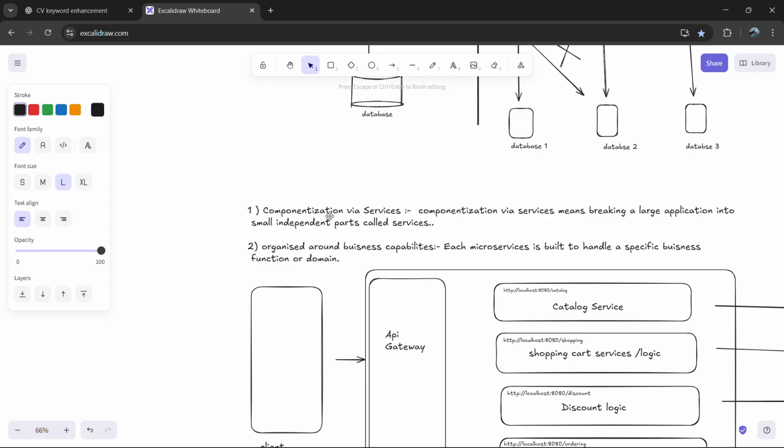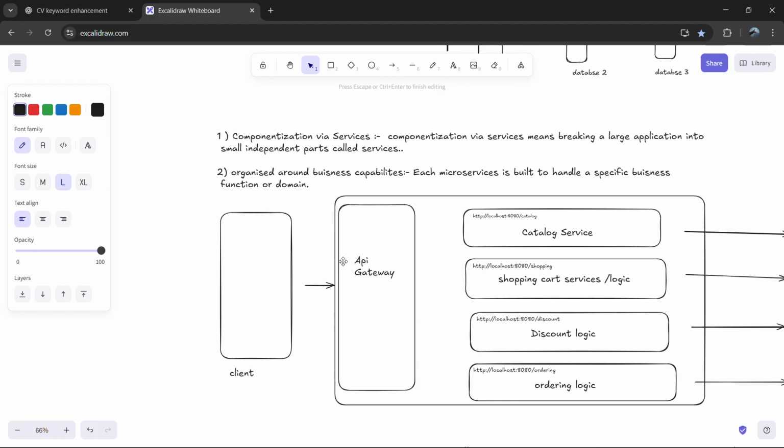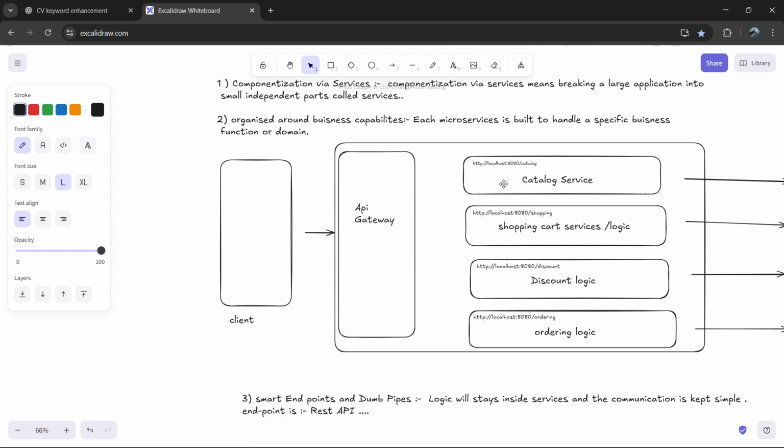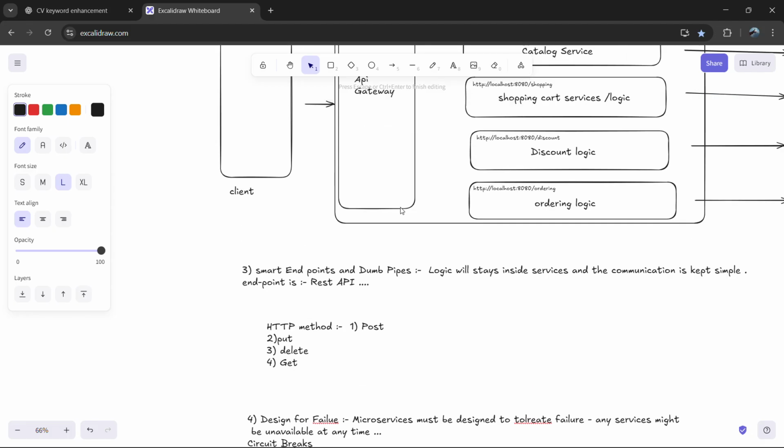The first point is componentization, where all the components are broken into small parts called services. Second one is organized around business capabilities. In this, each microservice is built to handle a specific business. Okay, third one is smart endpoints. Every service will communicate with other services with the help of REST APIs.